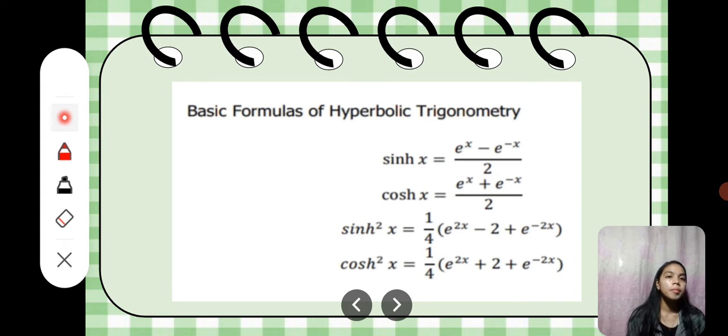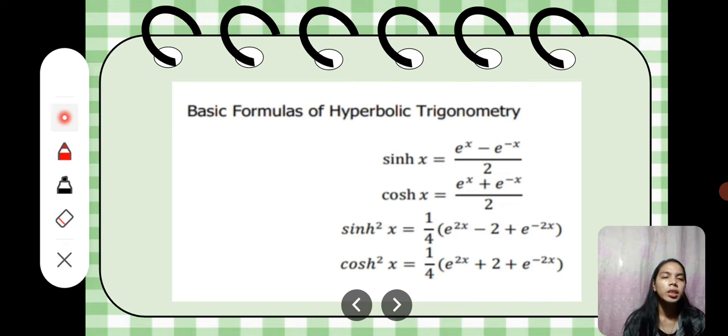Next is hyperbolic sine squared x is equal to 1/4 times e to the power of 2x minus 2 plus e to the power of negative 2x.